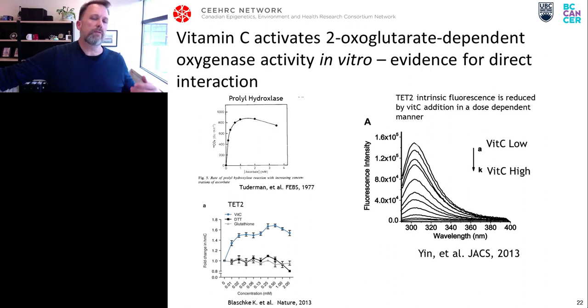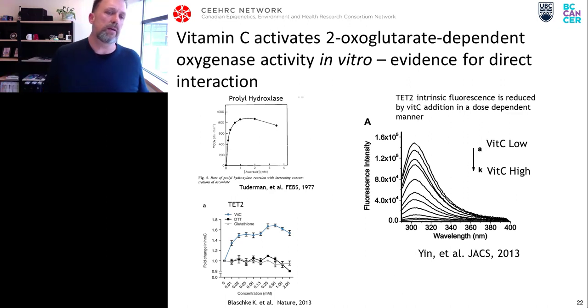I've already told you that vitamin C is required for reduction of iron, which is required for the 2-oxoglutarate-dependent dioxygenases. However, there's also some evidence in vitro for direct interaction between vitamin C and the TET enzymes. Looking at the top panel, when we add vitamin C in vitro, we can see activation, in this case of a proline hydroxylase.